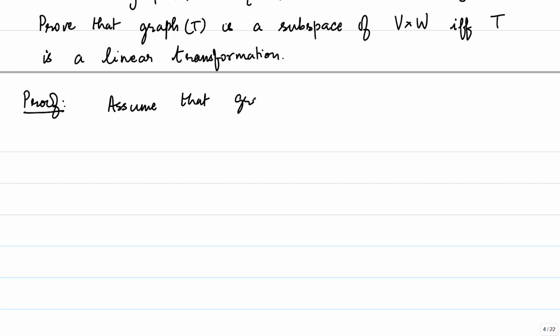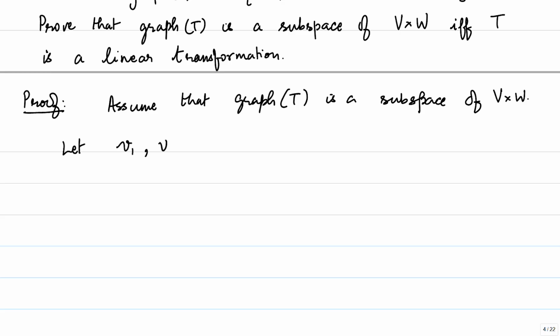that graph of T is a subspace of V cross W. So we would like to now show that T is a linear transformation. Maybe I should just do it in one go.